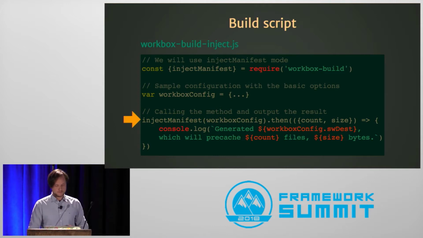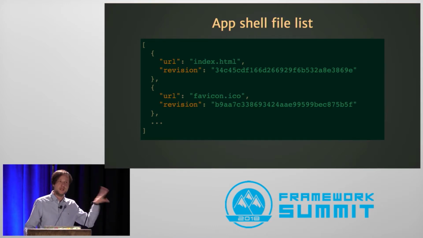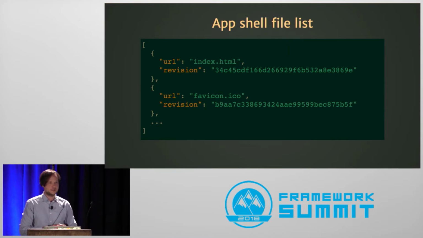We mean a list like this. So basically, this is a list of resources we want to have as an application shell. Again, this is the minimum set of files we need to run, to show, to render some UI, for example, in offline mode. So how do we know which files to take?